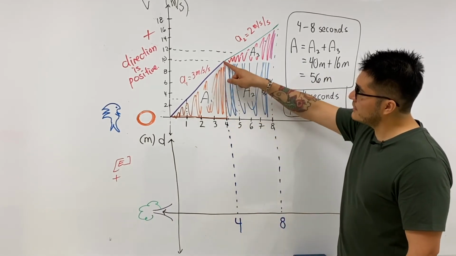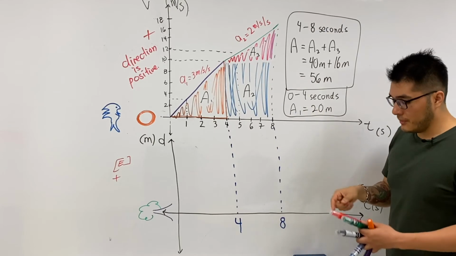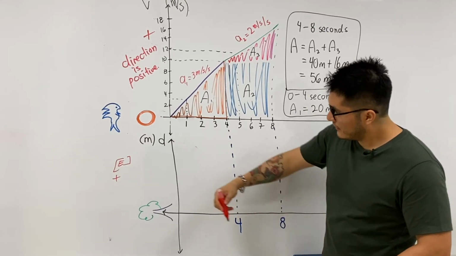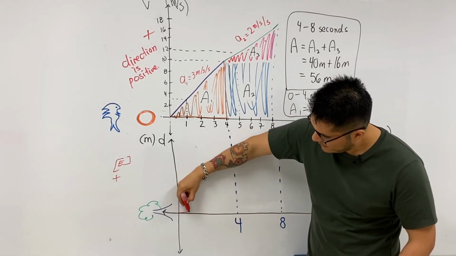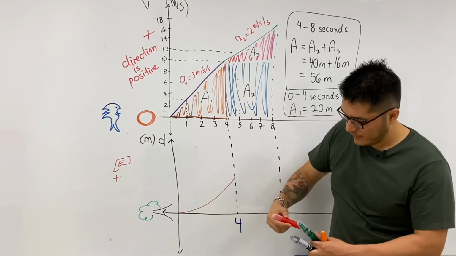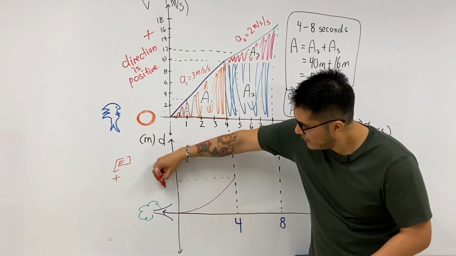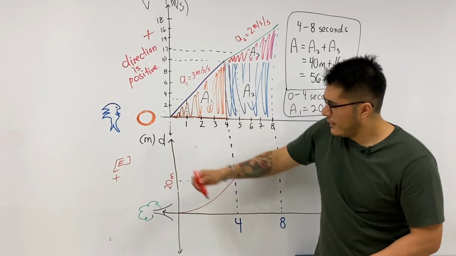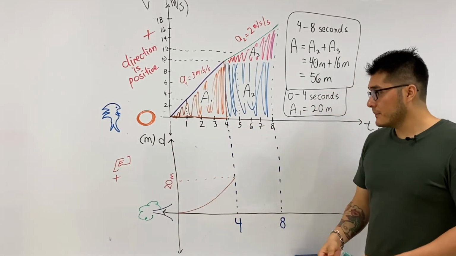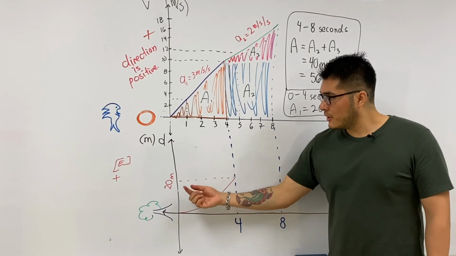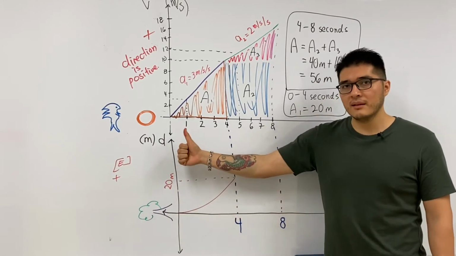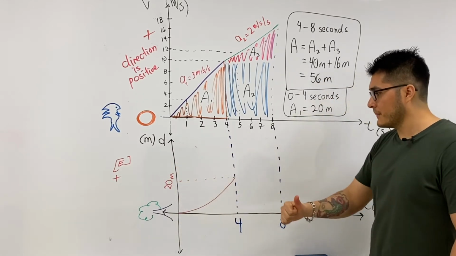And how much distance does it cover? 20 meters. So during the first 4 seconds, Sonic is able to cover 20 meters heading to the right in the positive direction from the origin.